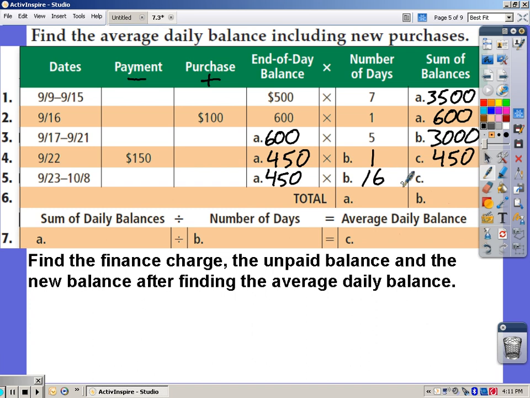Okay, so 450 times 16, you should have come up with 7,200. Add the number of days up. We have 8, 13, 14, 20, 30.